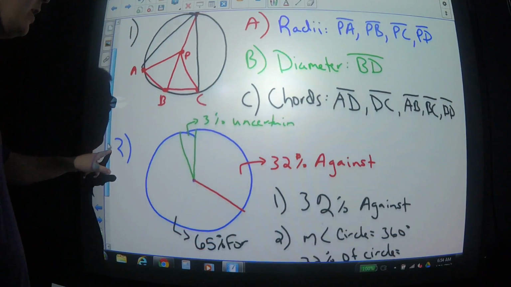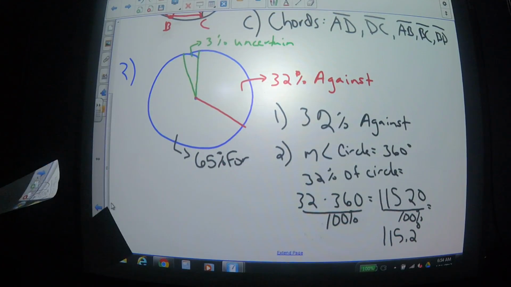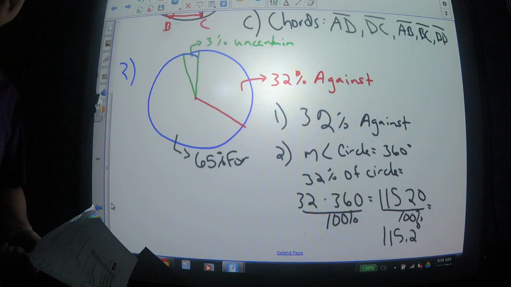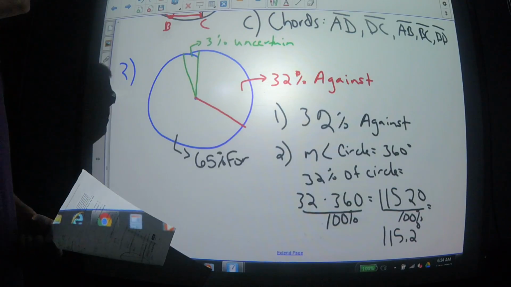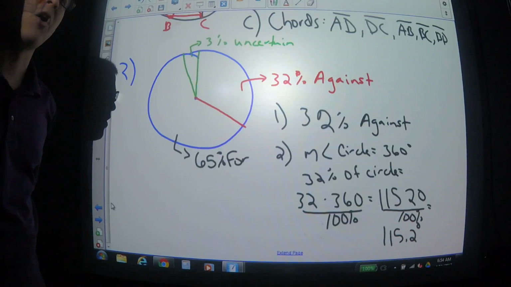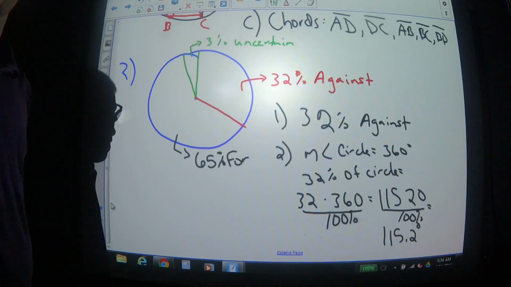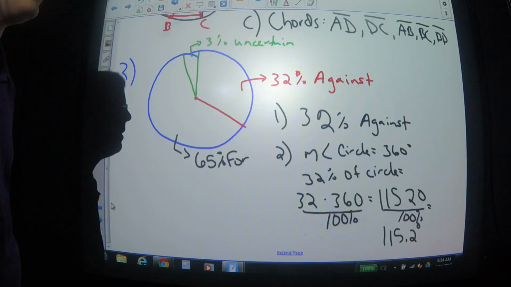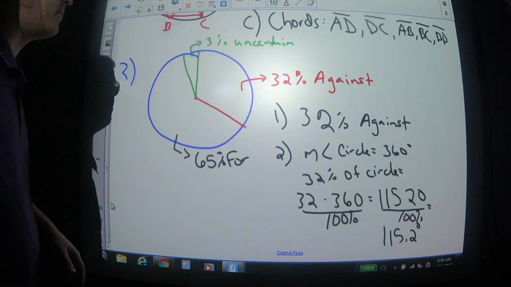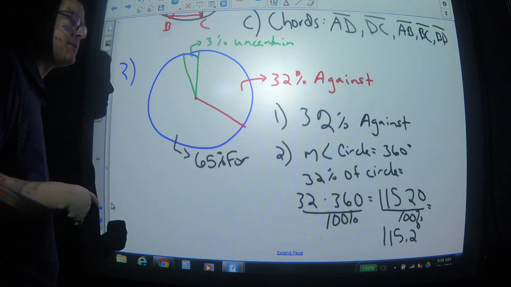Now, why that's important is because when you're using pie charts and such, it's really hard to know, if you wanted to find the arc, you have to know what an arc is, but you also have to be able to know the properties of a circle. So a circle is 360 degrees.